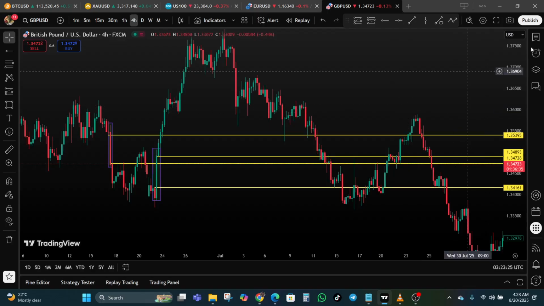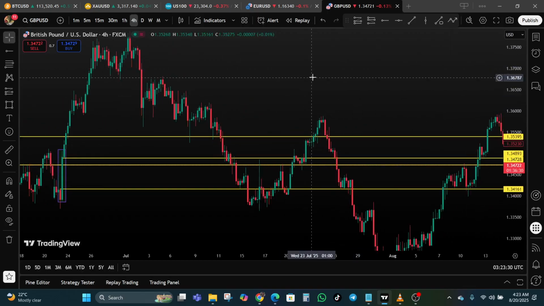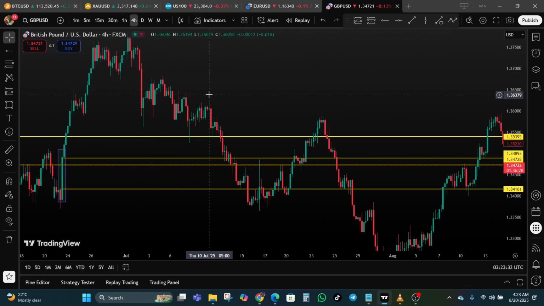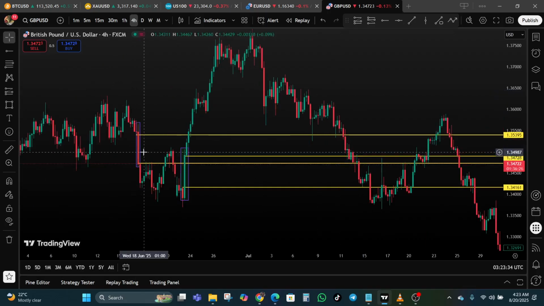So to recap, liquidity voids are areas of imbalance created by aggressive moves in the market, with little trading activity. It's easy to identify them. They're important because price often returns to fill them.